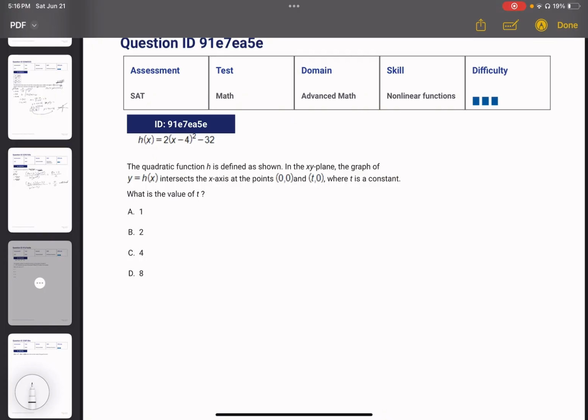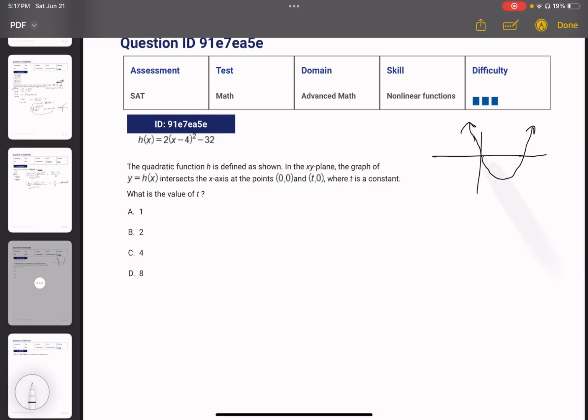Okay, so we know that our x-intercepts are always going to have values when y is equal to 0. So for instance, this graph may look a little something like this, since we know it's a quadratic by the squared.